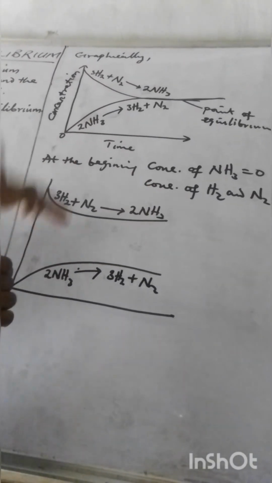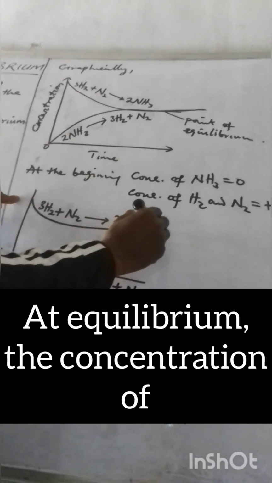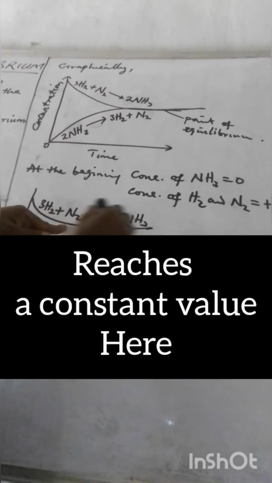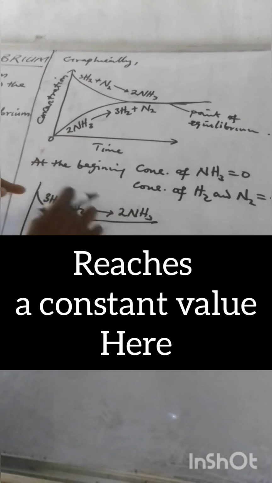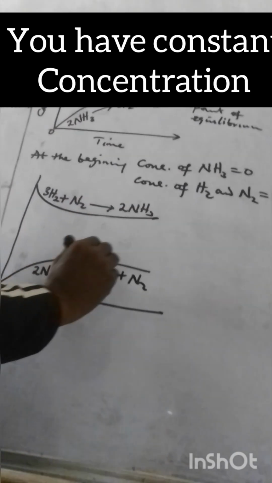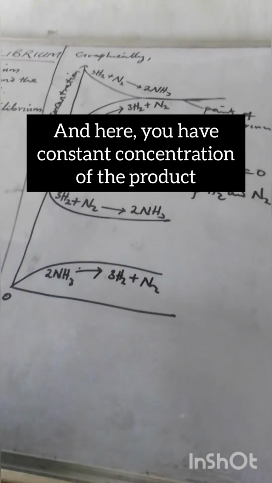If you look at this graph, the difference is that at equilibrium, the concentration of the reactants reaches a constant value here. Where there is no decrease anymore, we have constant concentration. And here, we also have constant concentration of the products, but the two concentrations are not equal.